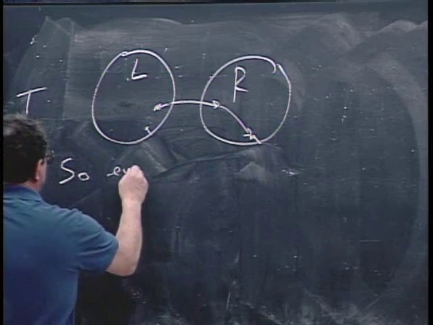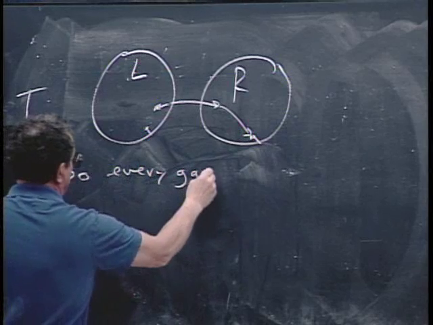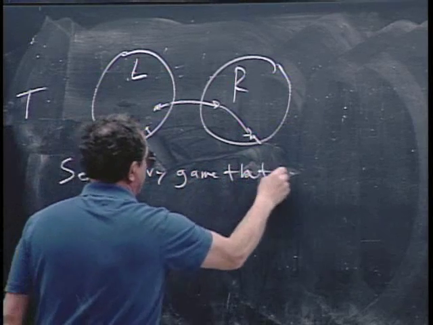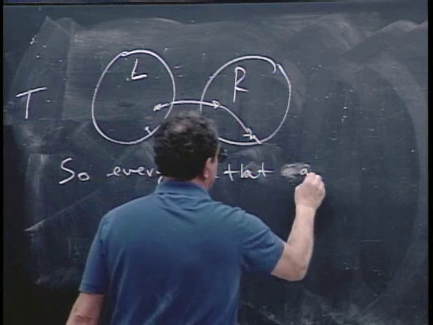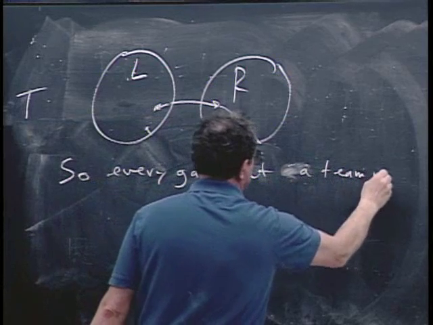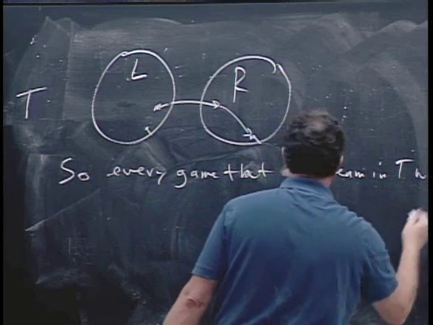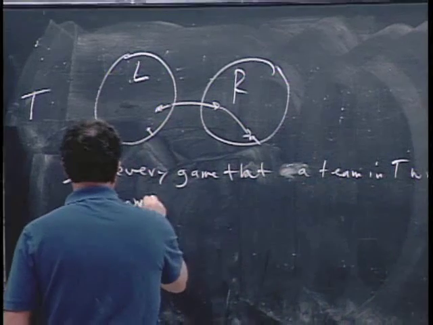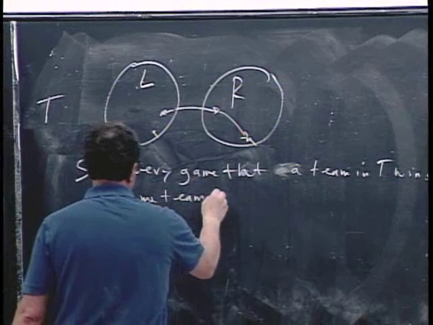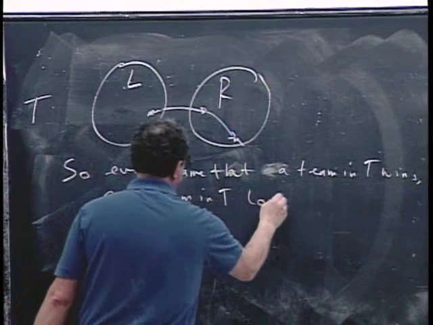So every game that a team in T wins, some team in T loses.